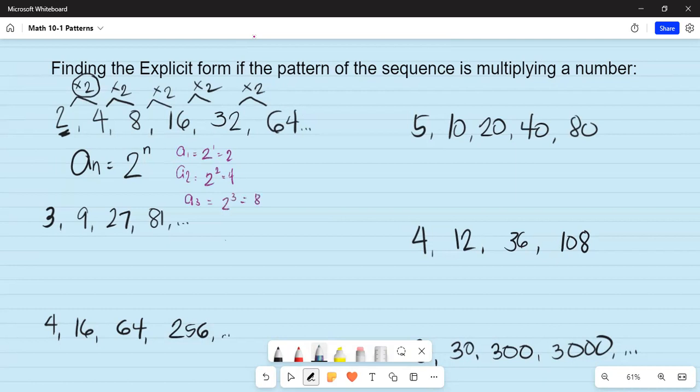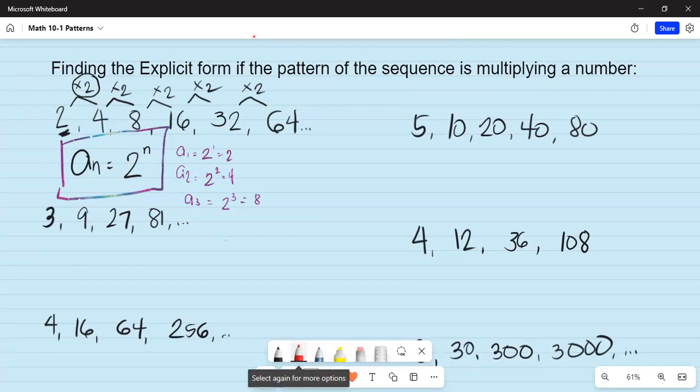When you continue substituting the number of the term, then you will get the next terms. So therefore, all we have to do is to raise the first term, similar to the number being multiplied, to n.